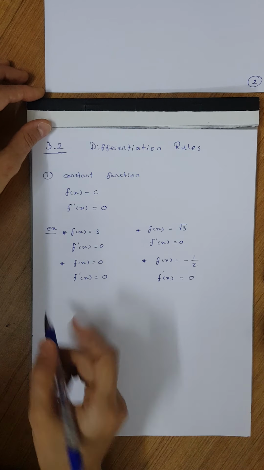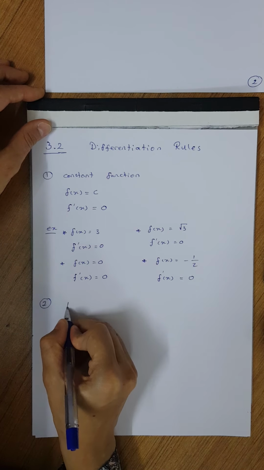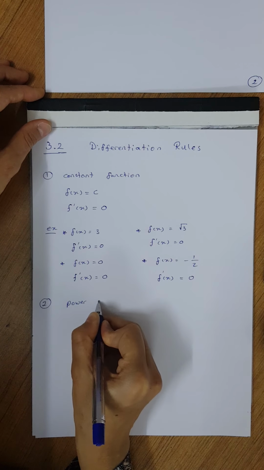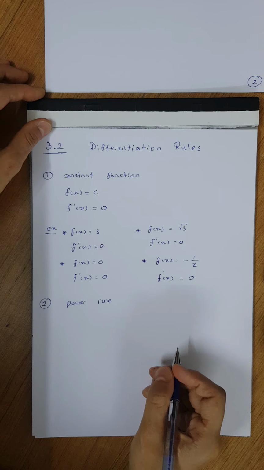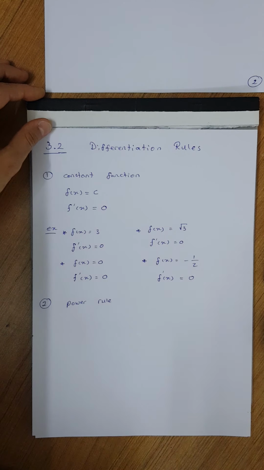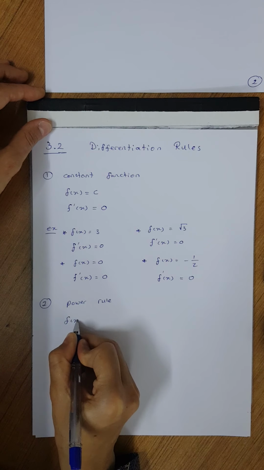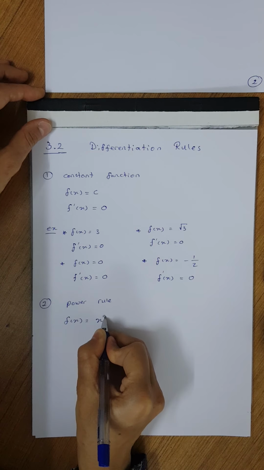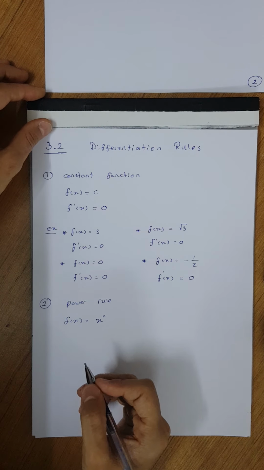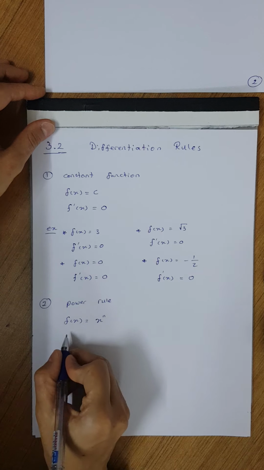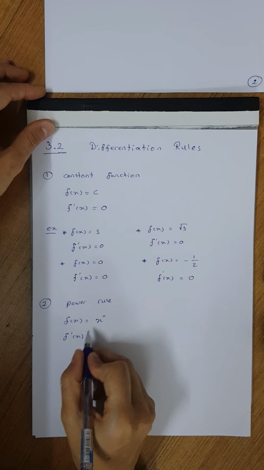The second rule that we have got for differentiation is called the power rule for positive integers. What is a power rule? Or not just for the positive integers, the power rule in general. If you have got f of x that's equal to x to the power of n, where n is a real number, how do we find f prime of x, or the derivative of that function?